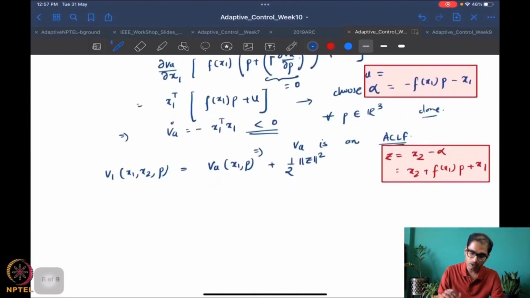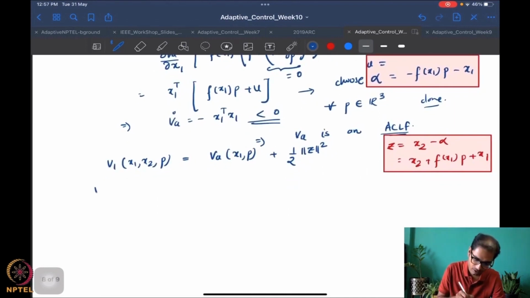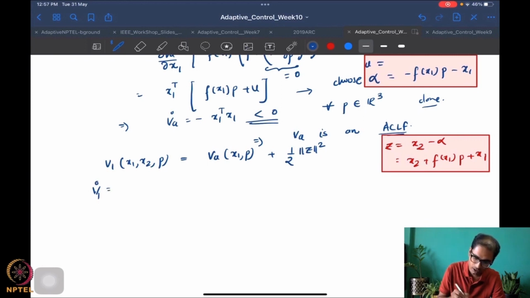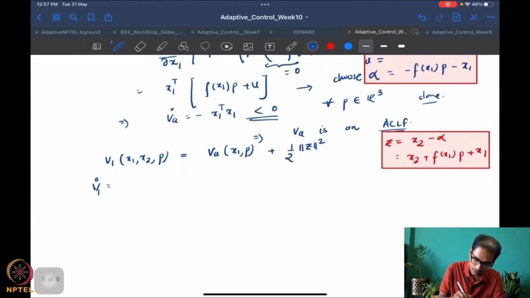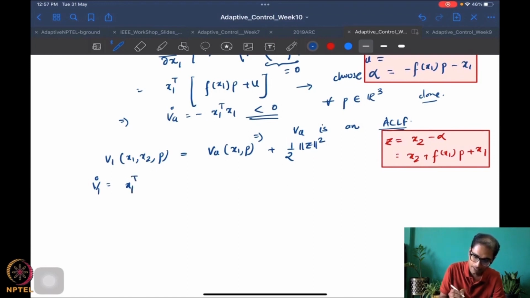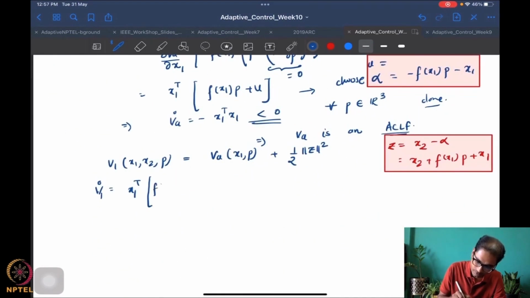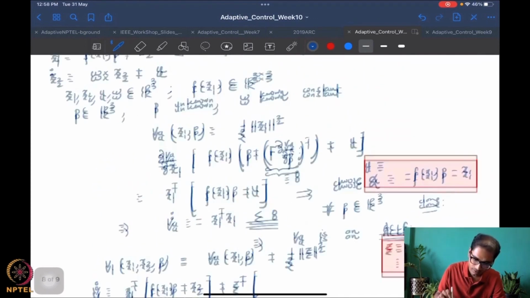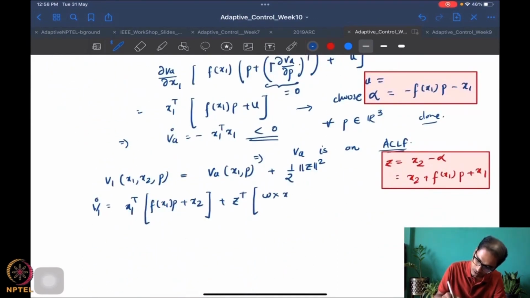For this, how do I find the control? Just take the derivative. So V1 dot is basically V_A dot, which is x1 transpose x1 dot, and x1 transpose x1 dot is just f(x1) p plus x2, plus z transpose z dot, which is basically x2 dot, which is omega cross x2 plus u plus del f del x1.